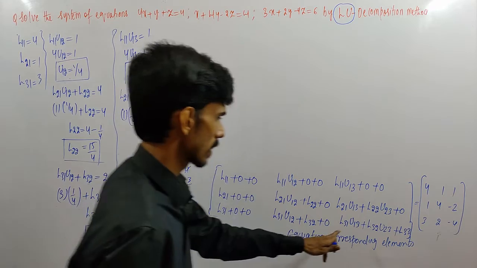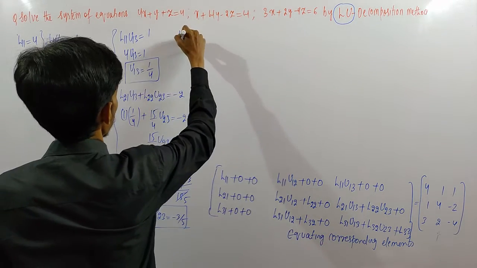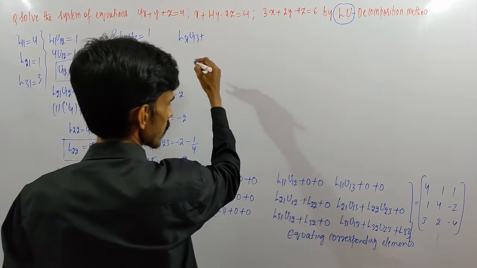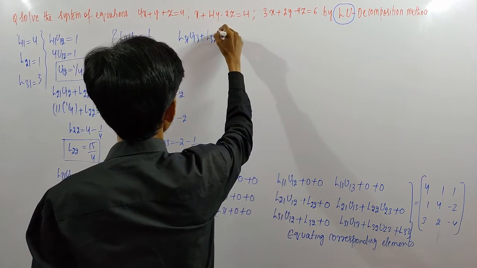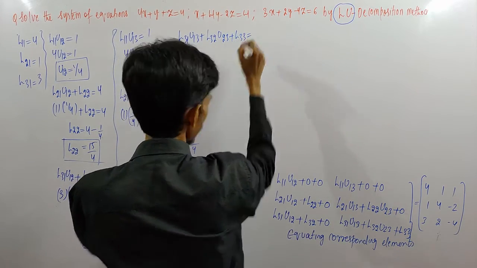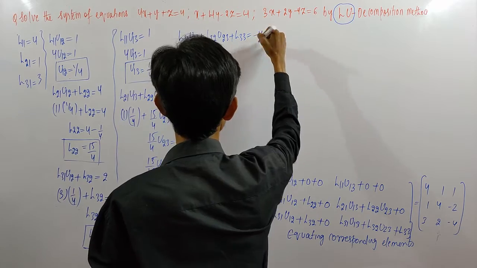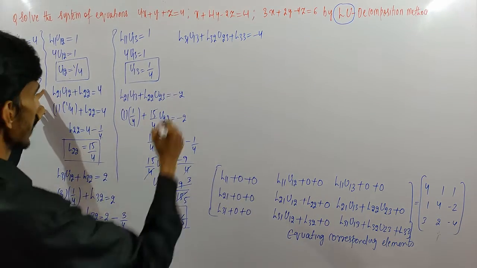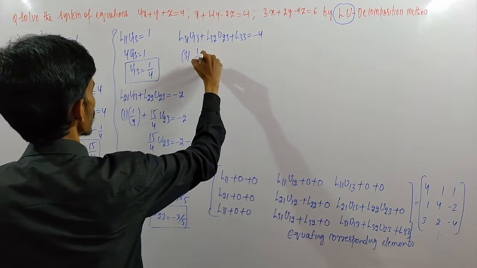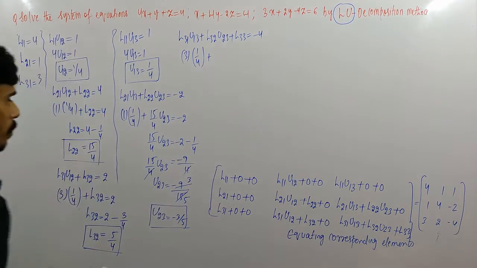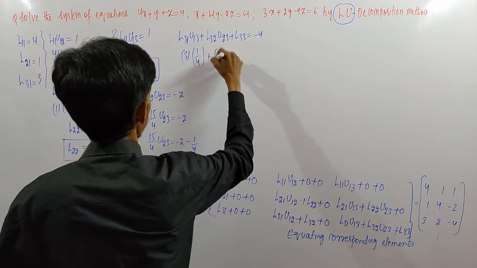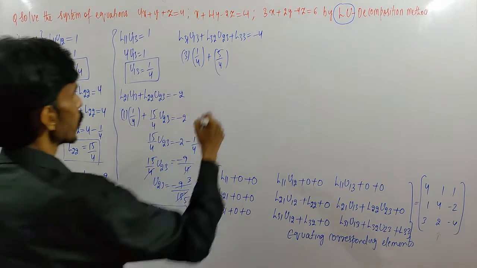Now equating this, L31 U13 plus L32 U23 plus L33 value is equals to minus 4. L31 value is 3 into U13, U13 value is 1 by 4. L32 value is 5 by 4 into U23.